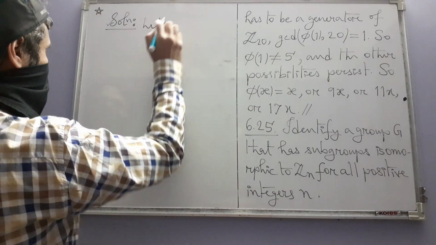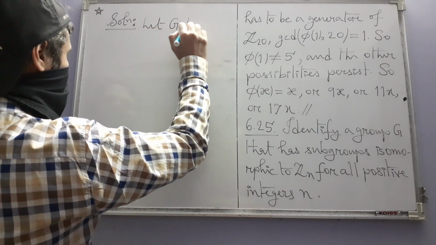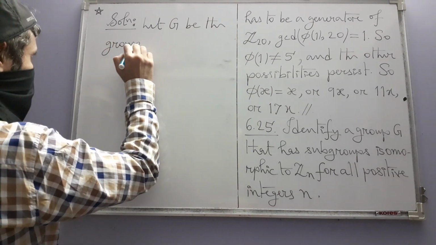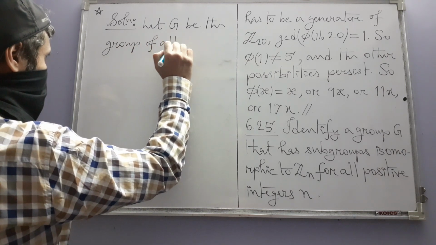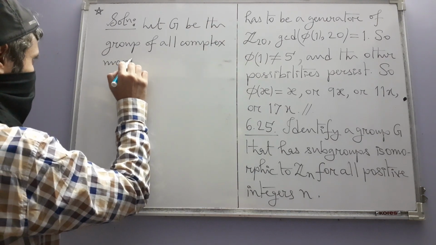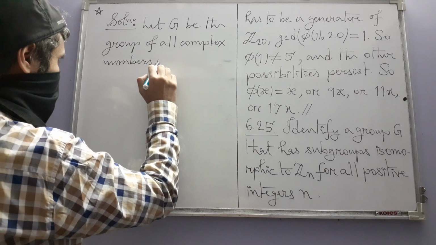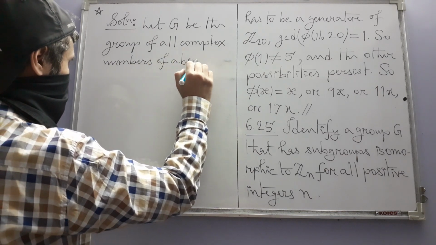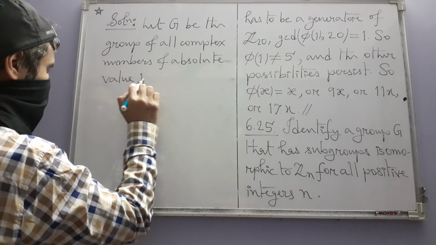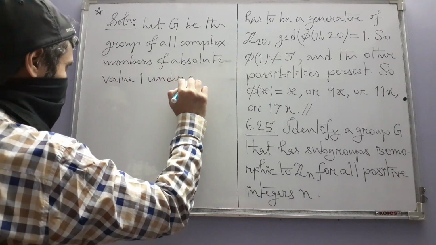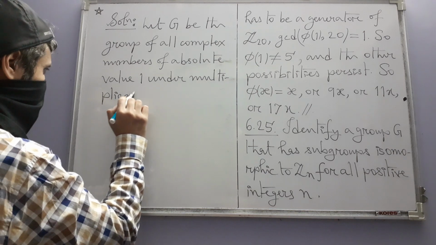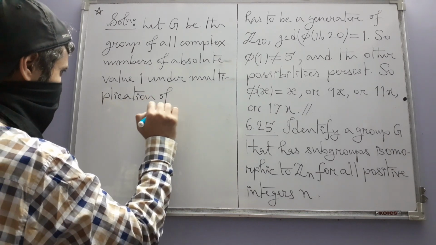Let G be the group of all complex numbers of absolute value 1 under multiplication of complex numbers.